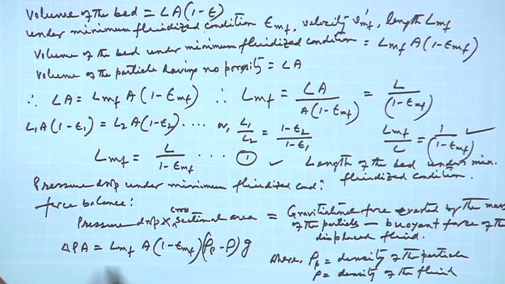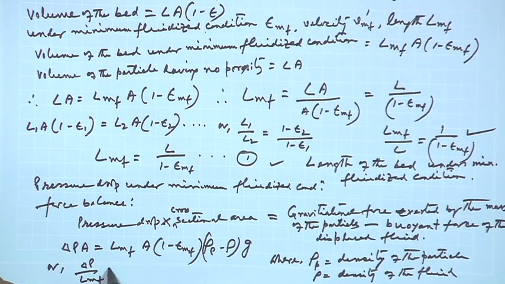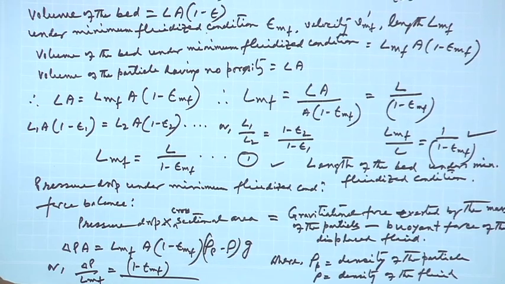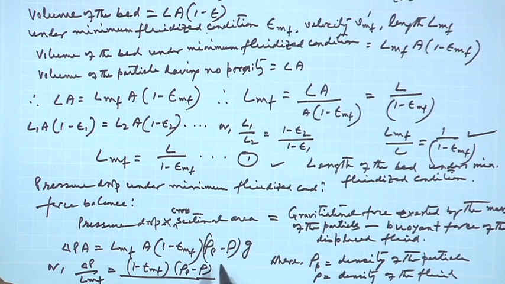This gives delta P over LMF equals (1 minus epsilon MF) into (rho P minus rho) into g.